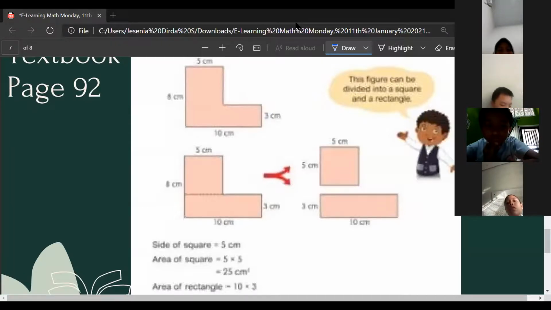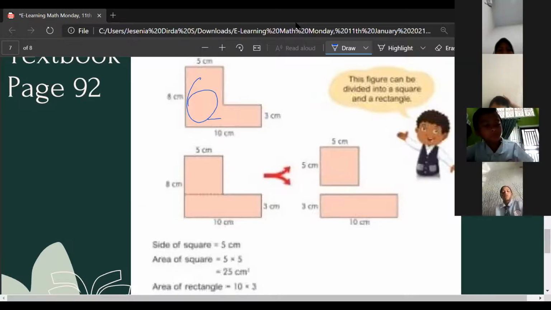What basic figures? Maybe you can cut this picture into circle, into triangle, up to you. But make sure if you cut that picture, you know how to find the perimeter and the area of that picture. Ngerti?